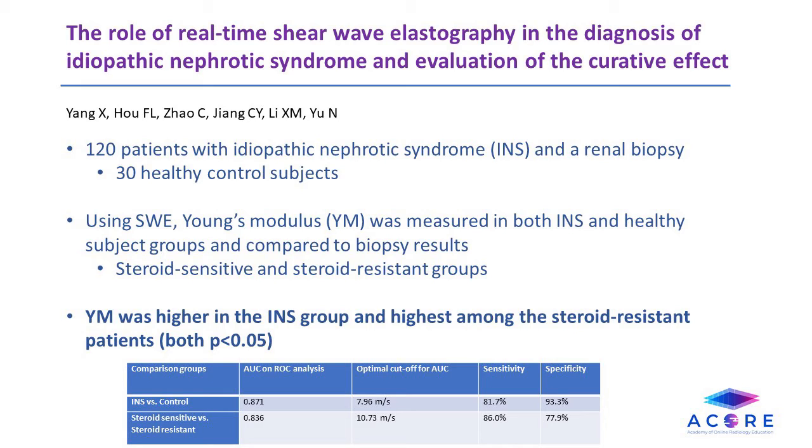You can see more details in the table at the bottom where they did ROC curve analysis, calculating the area under the curve for the idiopathic nephrotic syndrome group versus control using an optimal cutoff of 7.96 meters per second for a specificity of 93.3%, and the steroid sensitive versus steroid resistant groups using an optimal cutoff of 10.73 meters per second, which optimized a specificity of 77.9% and a sensitivity of 86%.